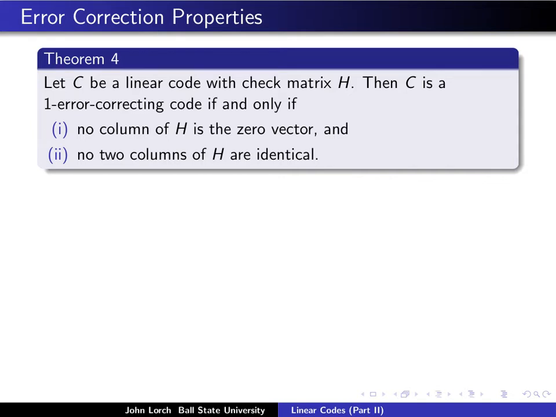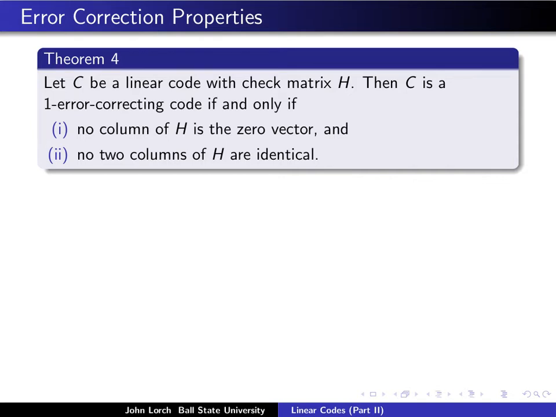So that's a very fast process for testing whether a code corrects one error. So let's go ahead and prove this theorem, or at least one direction of this theorem.